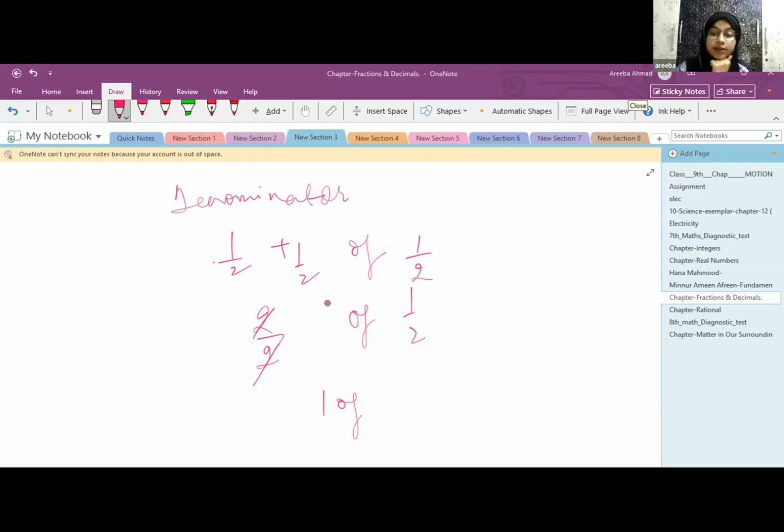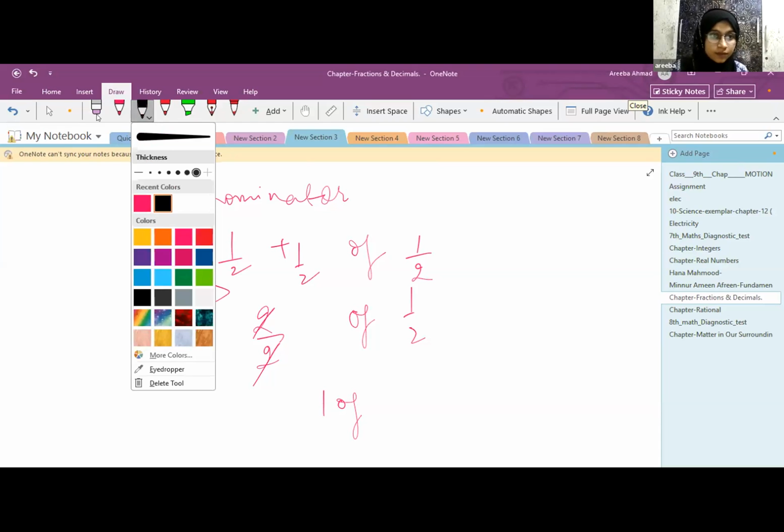No. What if I say it's in the first step only? Don't write it first. Do all the digits are the same? No, it's related to a rule. Do you have an idea? That we can't add the bottom denominator?